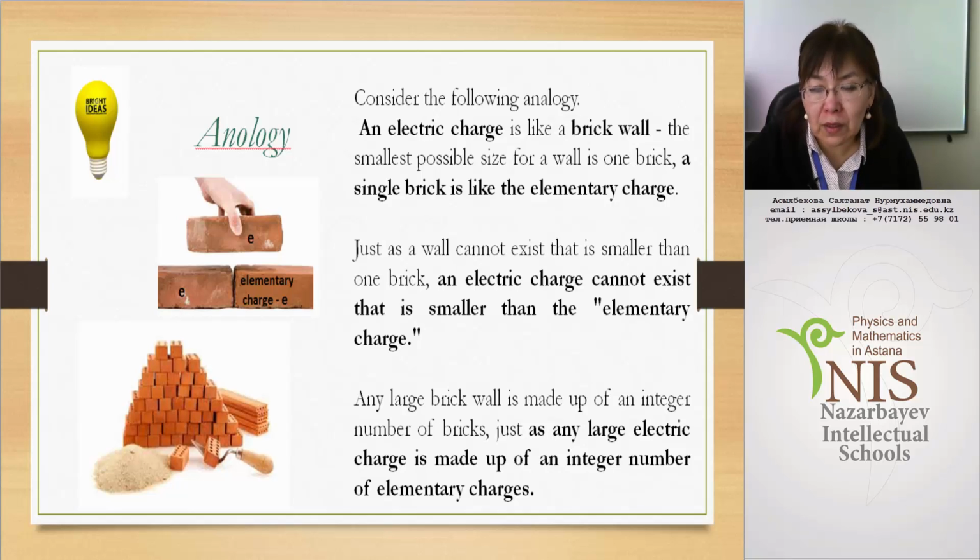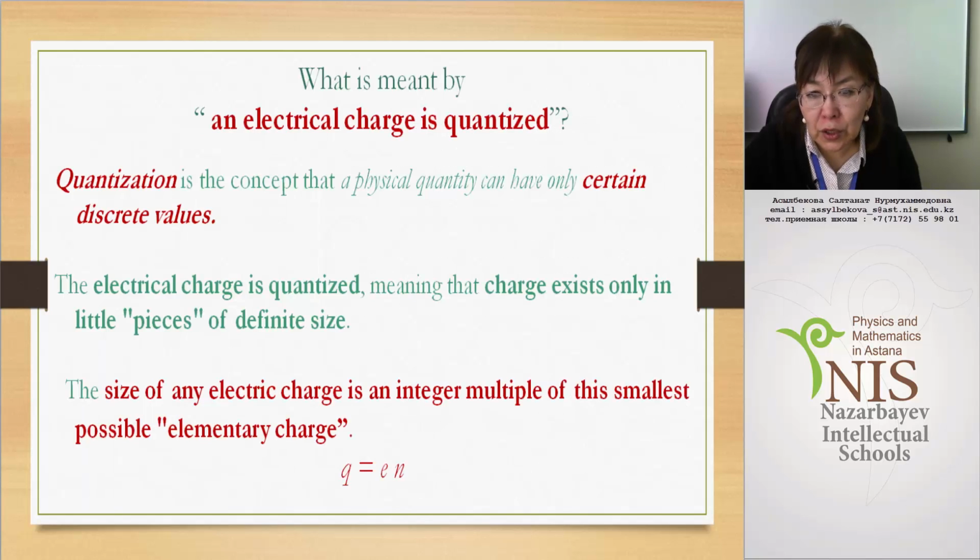You use one brick, two bricks, another 10, 11, but the whole wall will consist of the simple unit which is the brick. Therefore, any charge is also a composition of so-called elementary particles, and therefore electric charge is an integral multiple of the smallest possible elementary charge.